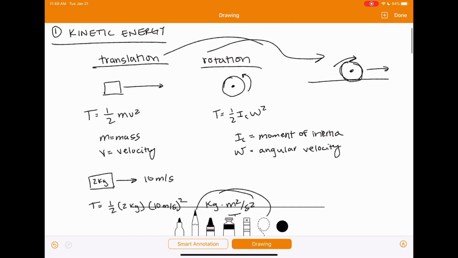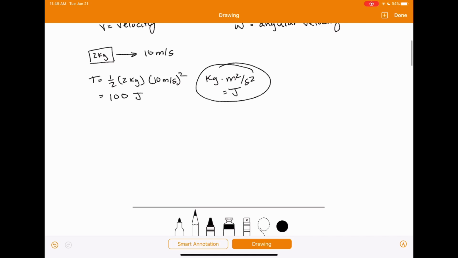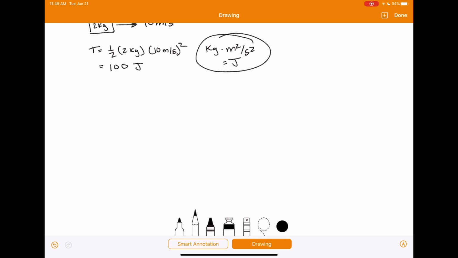But if we had an example where we had rotation and translation, say for example, we've got this disc here, and it's 1 kilogram. It's on some horizontal surface. And we know that angular velocity equals 3 radians per second. And we also know that the radius of this object is 1 meter.